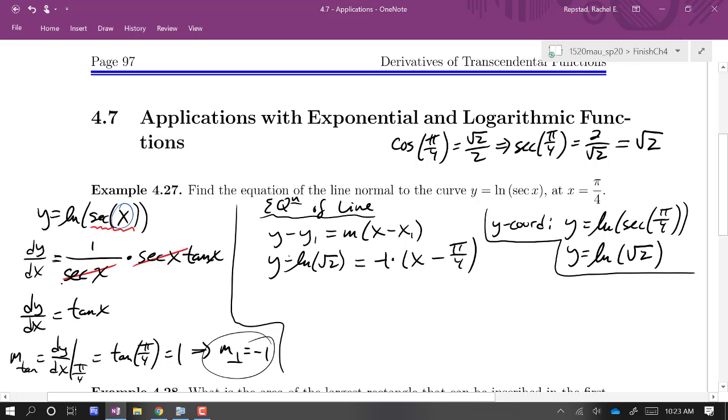We could get it into slope intercept form. There's -x plus pi over 4, and then add ln of root 2 to both sides. So it'd be -x plus pi over 4 plus ln root 2.